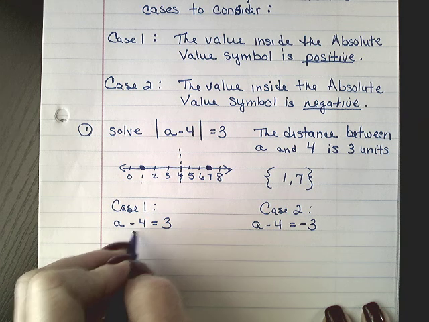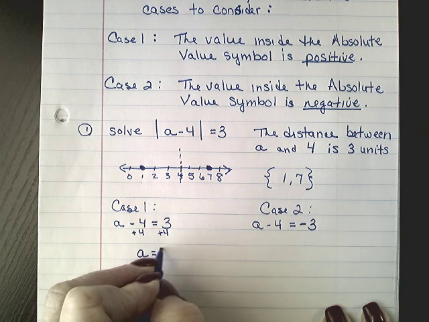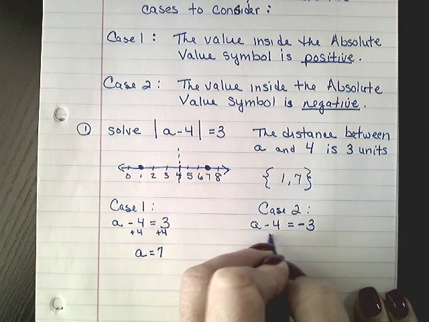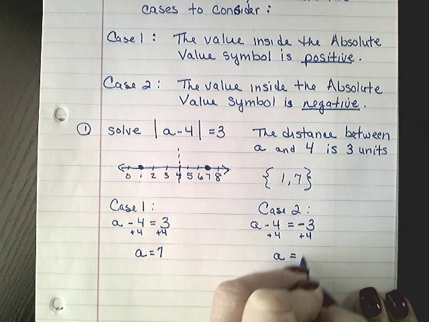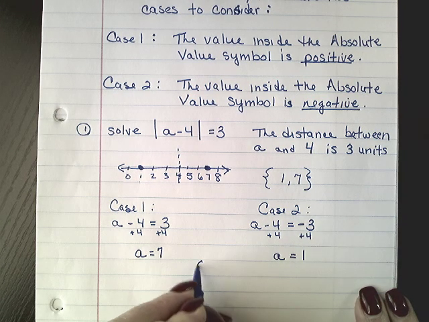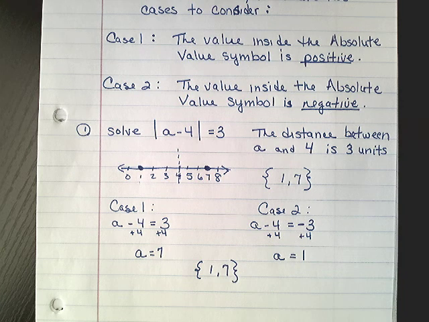Here I would add 4 to both sides, and I would get a equals 7. Here I would also add 4 to both sides, and I would get a equals positive 1. So once again, our solution set is 1, 7. So if you have to graph it, you can graph it. If you want to solve it algebraically through case 1, case 2, you could do that as well.